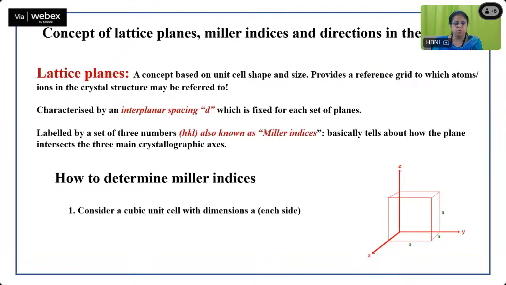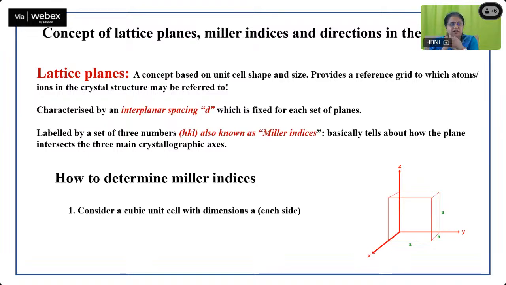What we'll start with today is again simple concepts, but of course the most indispensable concept for somebody who does solid state chemistry: the concept of lattice planes. When somebody tells you that there are planes in the unit cell or in the crystal structure, let's be very clear about it.